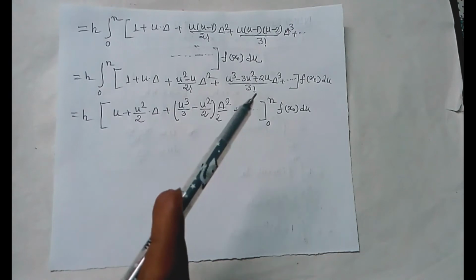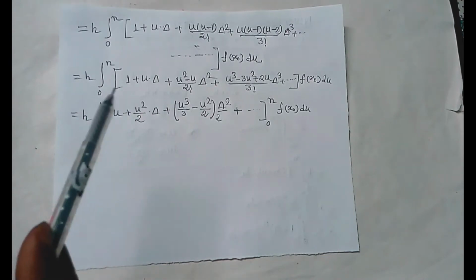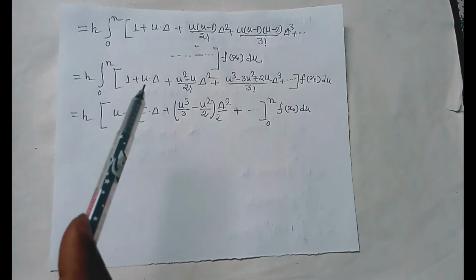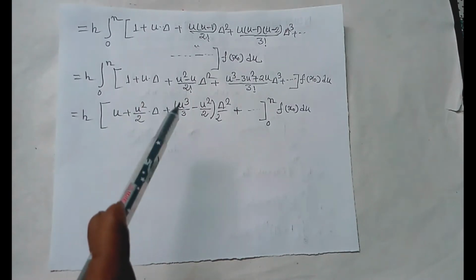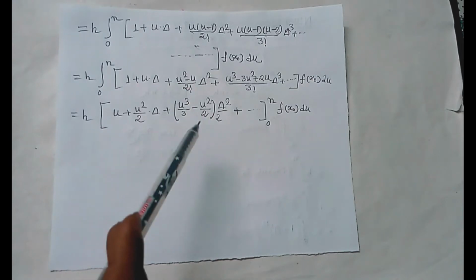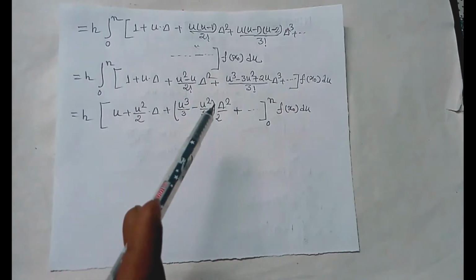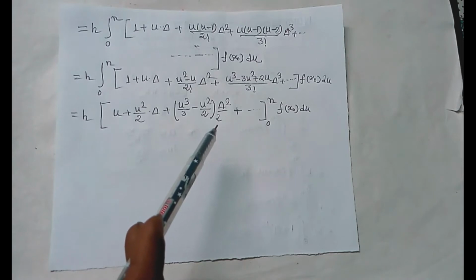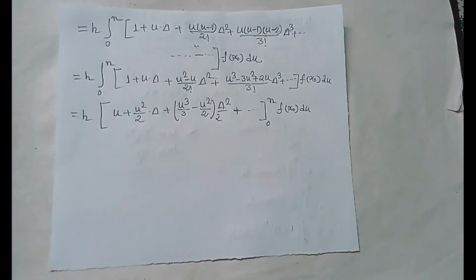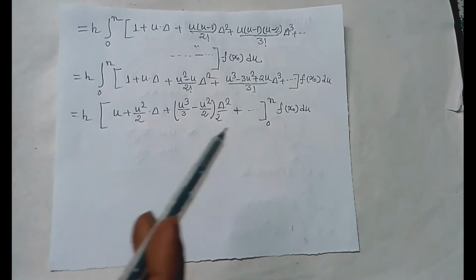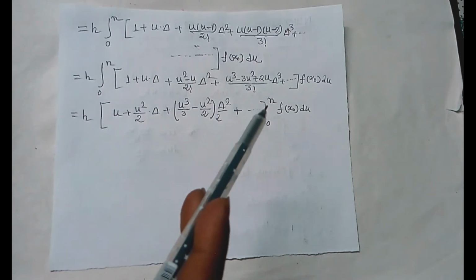If we integrate this, we find that the first few terms are: the integration of 1 is u, then u square by 2, and if we integrate the next we find u cube by 3 minus u square by 2, and it is multiplied by delta square by 2 factorial, which is 2, and we can easily integrate the remaining terms. Now if we replace the limits, the lower limit is 0 and the upper limit is n.